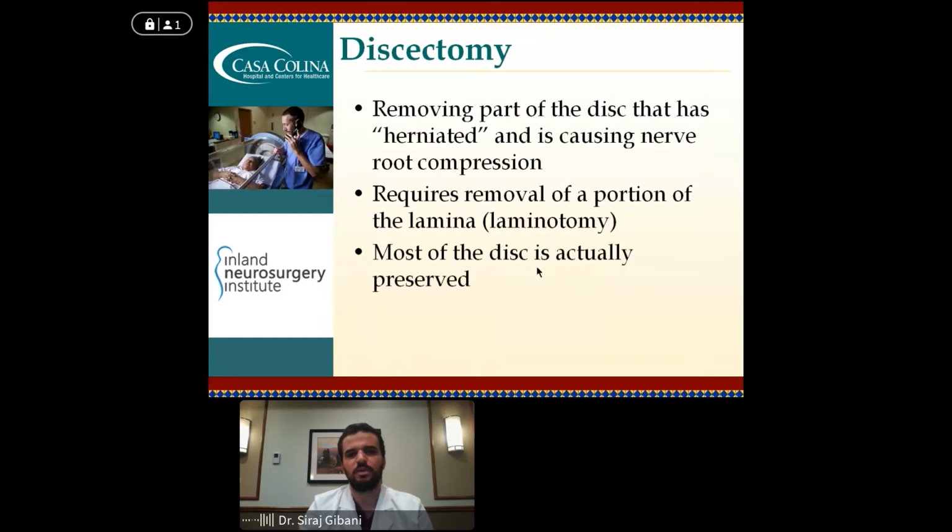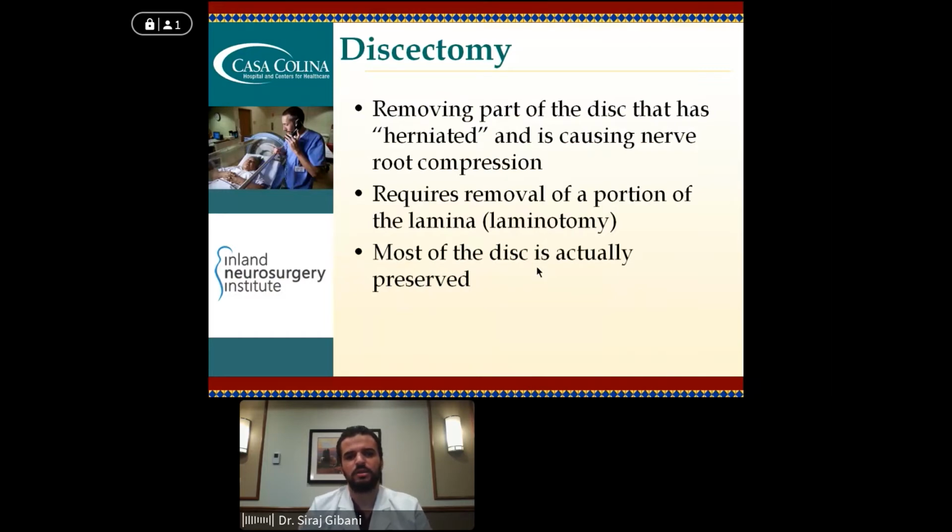Now, discectomy involves removing a part of the disc that is herniated or is pushing on the nerves. Oftentimes, the disc can weaken, and a portion of the inner part of the disc, known as the nucleus, can push out towards the nerves. And that can lead to symptoms that cause pain, numbness, or weakness in one limb.